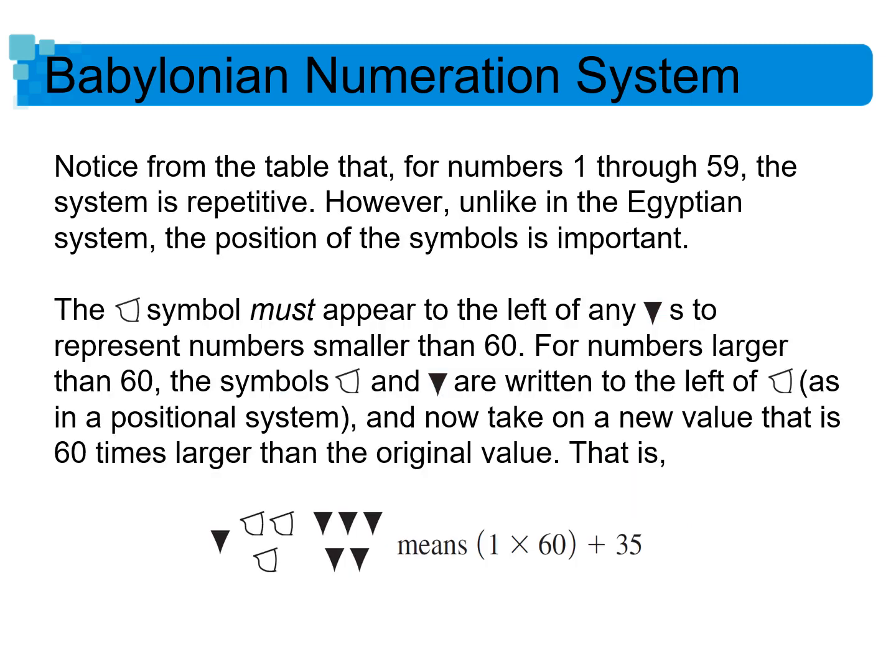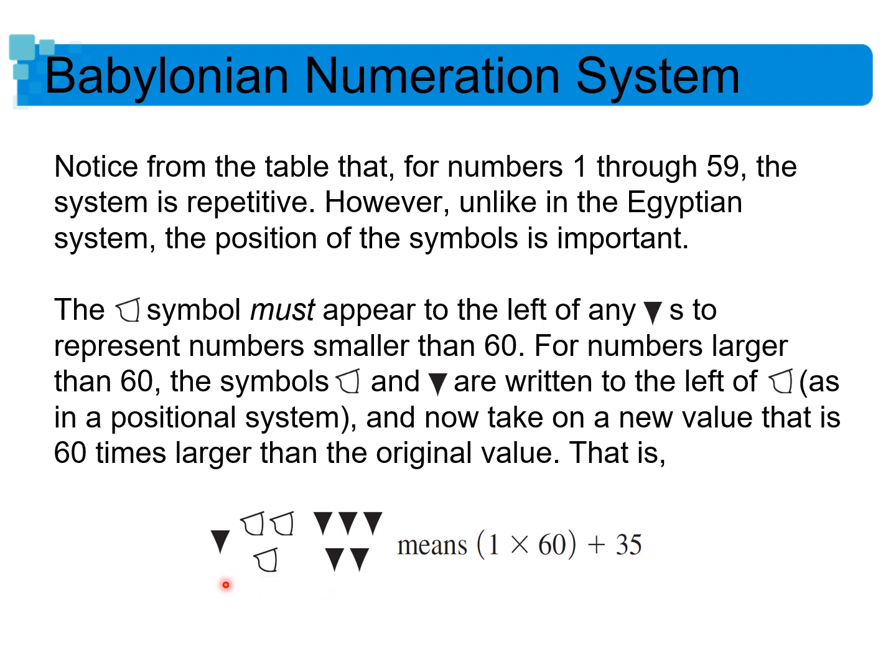So when you get to 60, you get multiples of 60. If you look at this example down here, whenever you get this grouping to the right, all of these triangles are ones, so that's 5, and this is 3 tens, so that's 35.